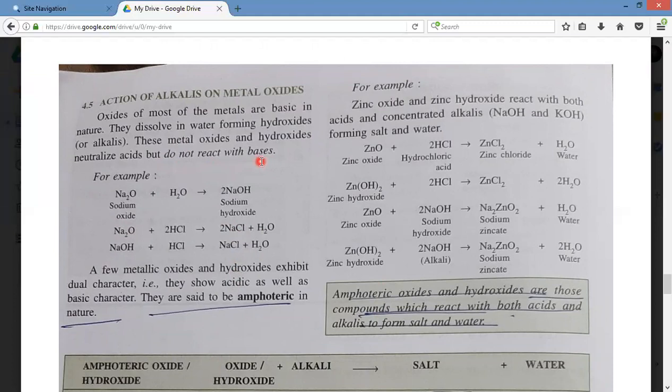What I mean to say is that the amphoteric oxide can react with both acid and base, but mostly metal oxides and metal hydroxides react only with acid, leading to salt and water. They don't react with bases. Only the dual character metal oxides and hydroxides can react with both acid and base.